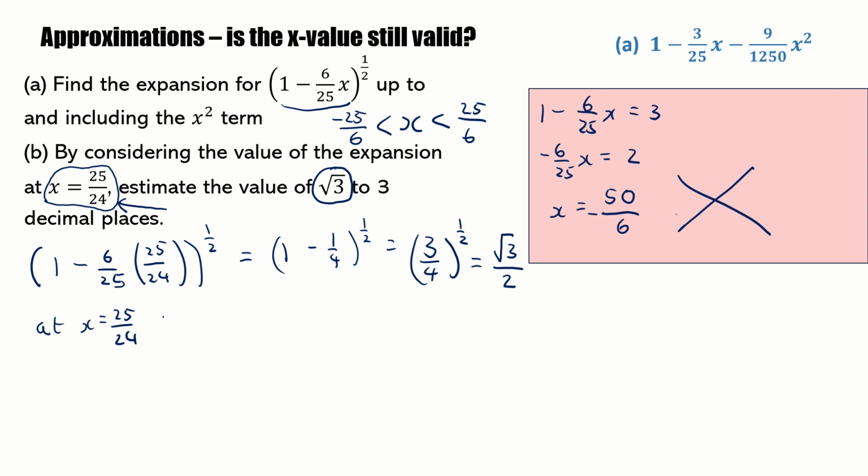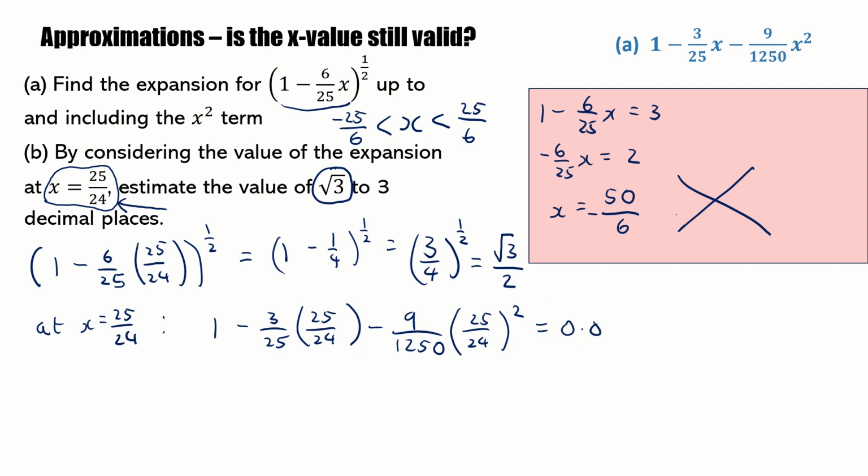So we would have 1 minus 3/25 lots of 25/24, minus 9/1250 lots of 25/24 squared, and that will come to 0.867187 and so on.